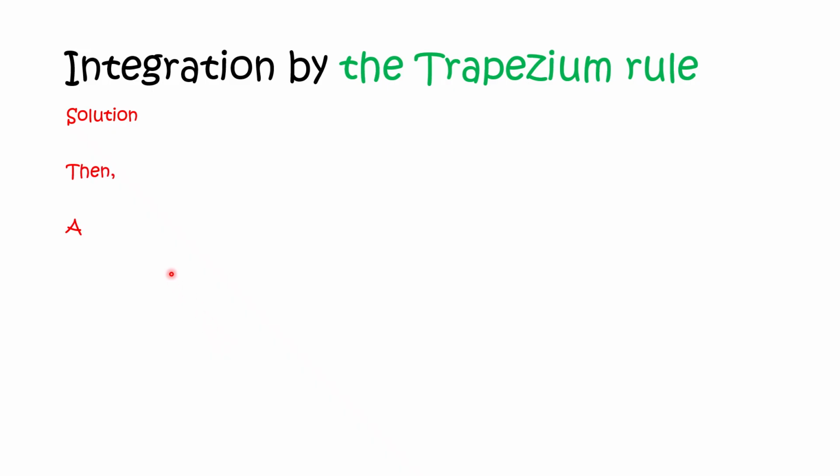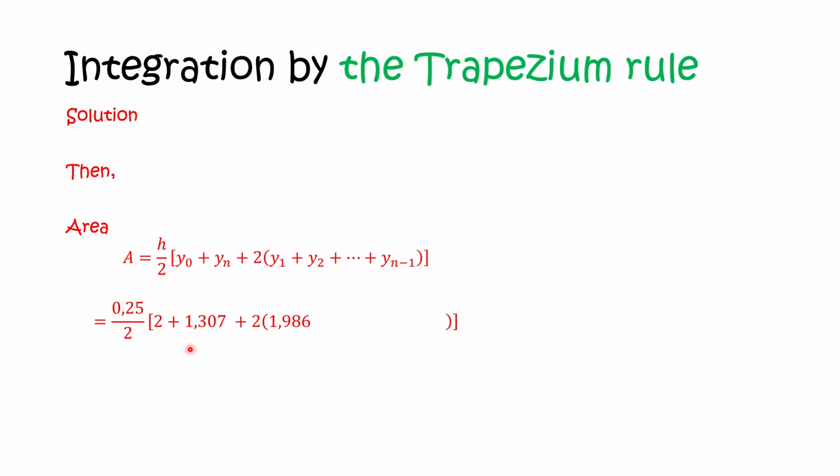Now, we know the formula for finding the area using the trapezium rule. We simply substitute the values with the appropriate value that we obtained and calculated before. So with that, we are going to have that. And remember, the question asked us to find the answer to 2 decimal places. But in computing, we can use more decimals.